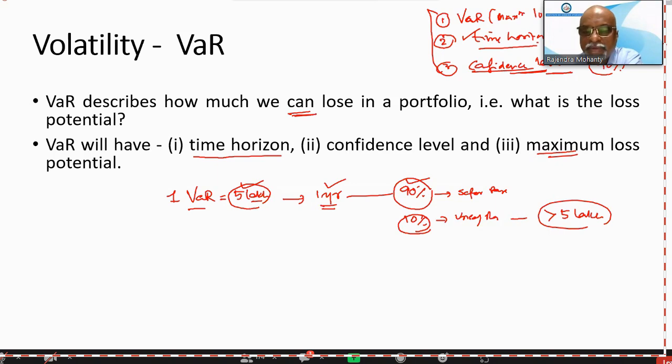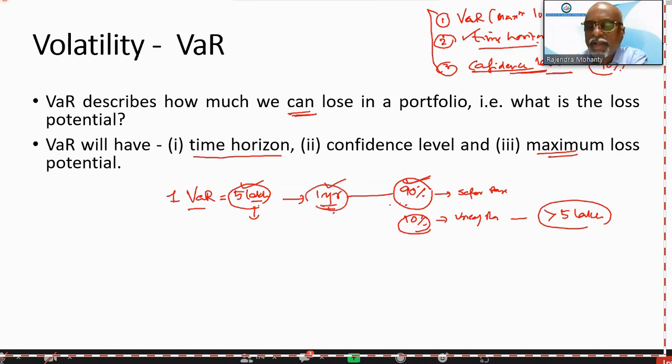VAR, as I told you, is the maximum loss that can happen within a period of 1 year or 6 months or 1 month, whatever it may be. That's the time horizon. And with a confidence level, it means my loss within this period will not exceed 5 lakh for 90% of the days.